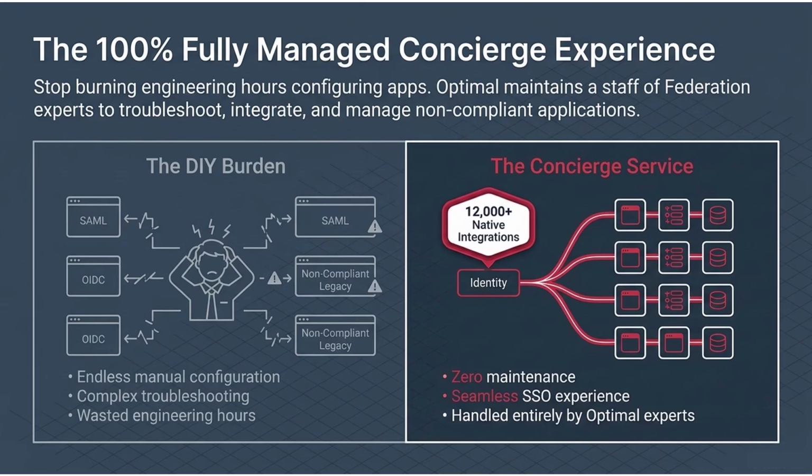You have to configure specific assertion claims, map user attributes, and manage signing certificates. And those certificates expire. Oh, right, the expiration dates. So suddenly it's 2 a.m. on a Sunday, a certificate expires, your critical finance application goes down, and your top-tier engineering talent is playing whack-a-mole with integration errors. Exactly. You're burning incredibly expensive engineering hours on routine maintenance.